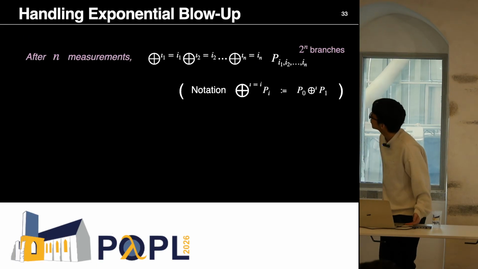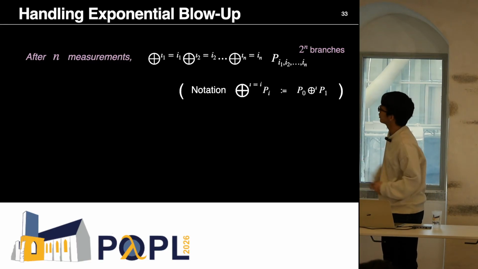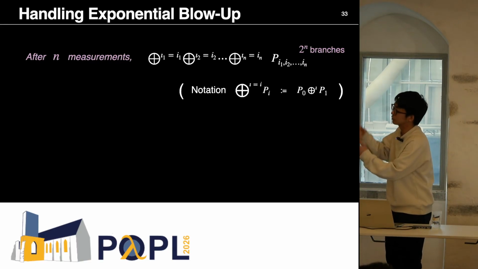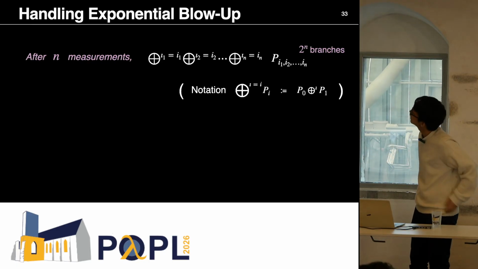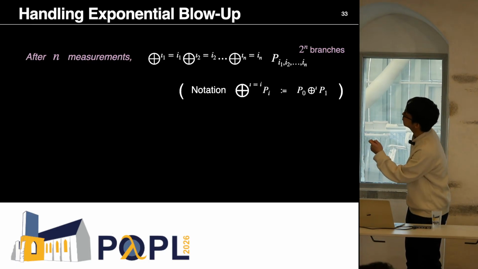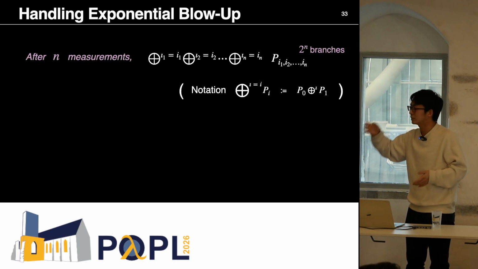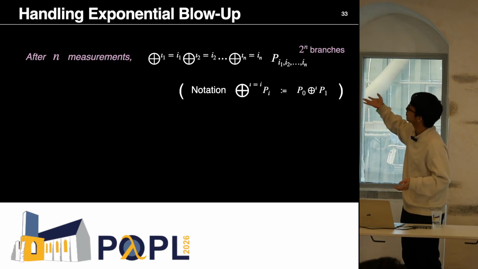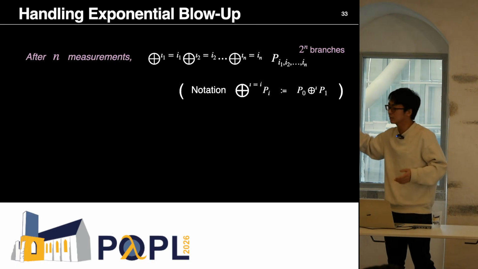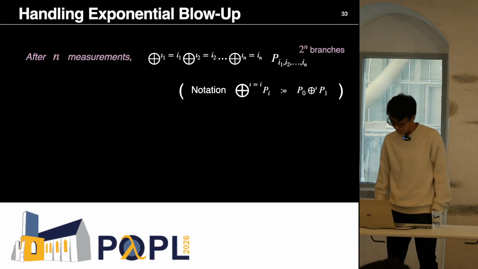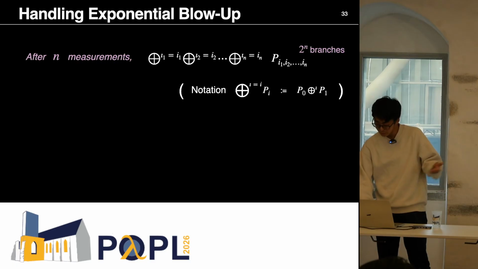More concretely, let me introduce another notation of big O+, which just represents the O+. After n measurements, you get n branching. That means you have 2 to the power n propositions combined with O+. And this is actually blowing up.